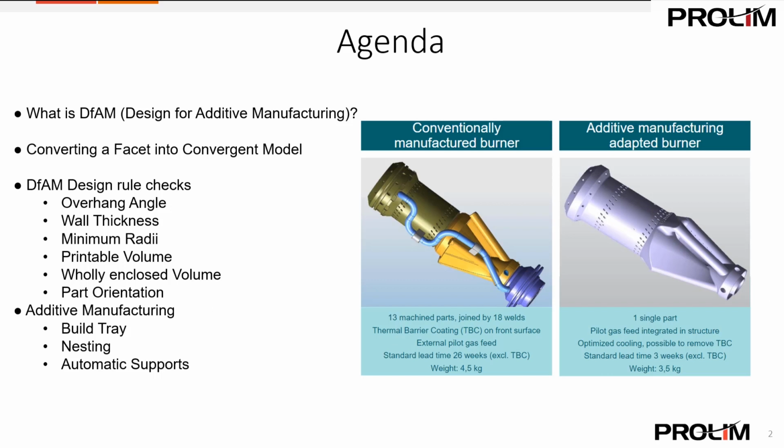You can also see that we had a thermal barrier coating on the front surface and an external pilot gas feed on the conventionally manufactured burner. With the additive manufactured burner, we were able to optimize the cooling and we are possibly able to remove the TBC. Additionally, you will see we saved on weight and lead time significantly.